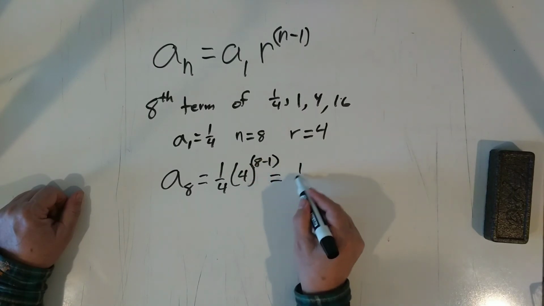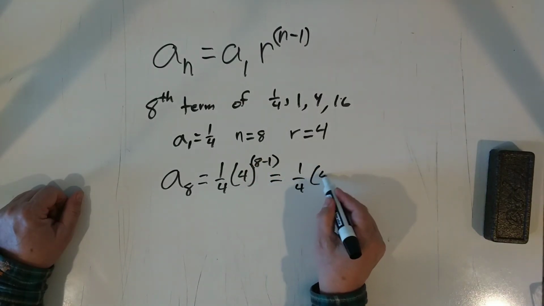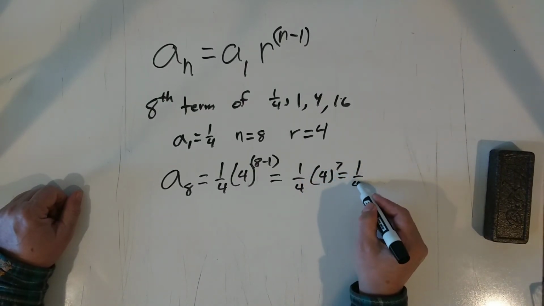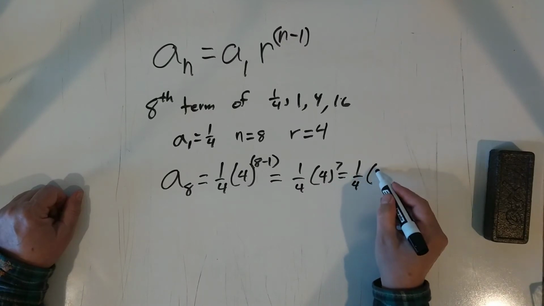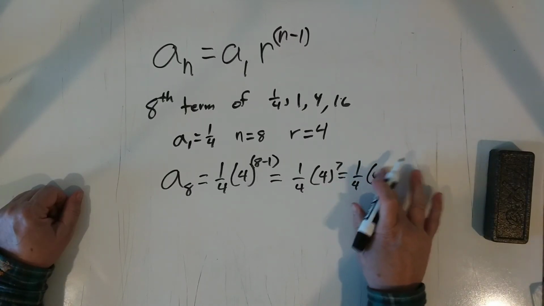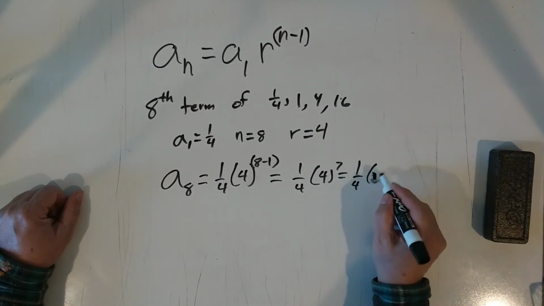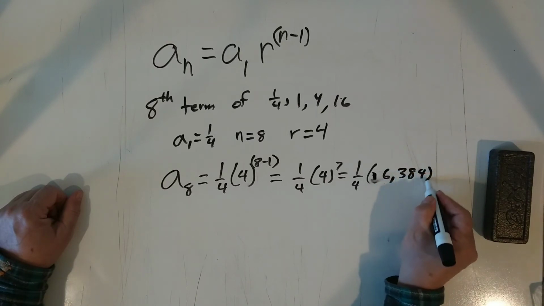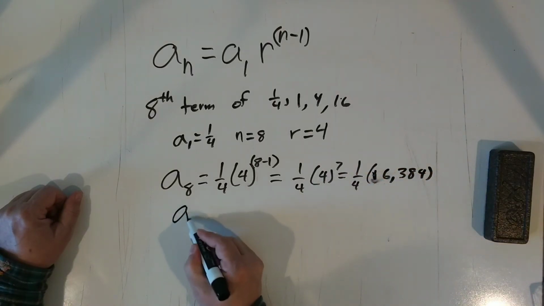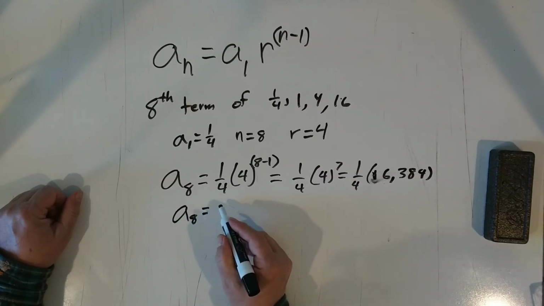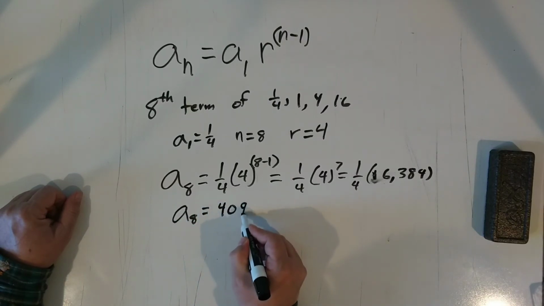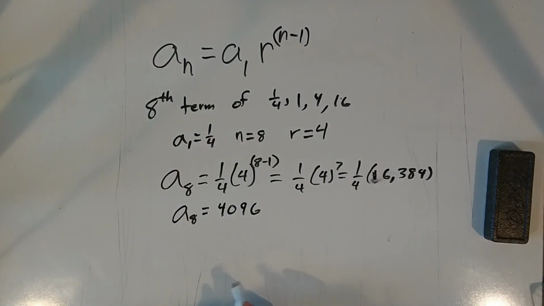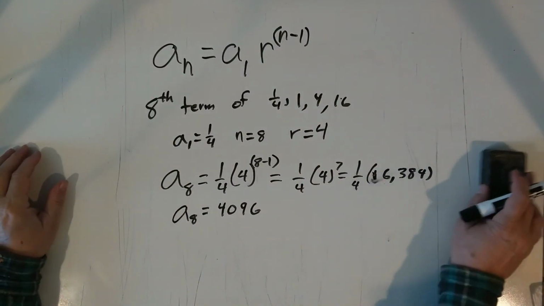This is 1/4 times 4 to the 7th power, which is 1/4 of 16,384. And that's equal to 4,096. So that's how we use the formula to find a term using the geometric index formula.